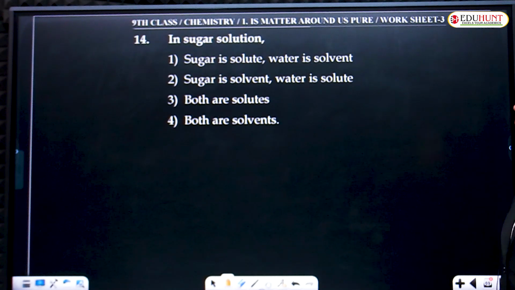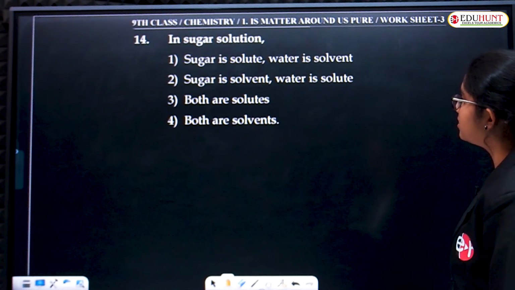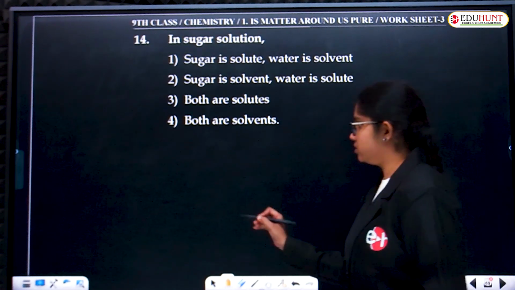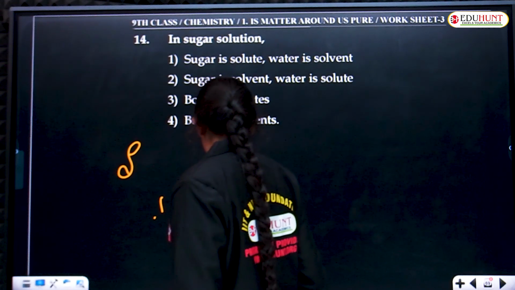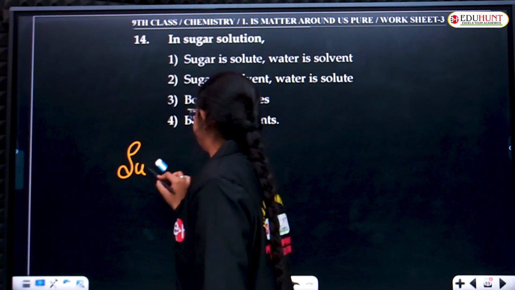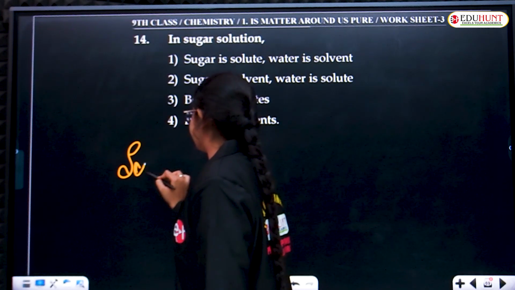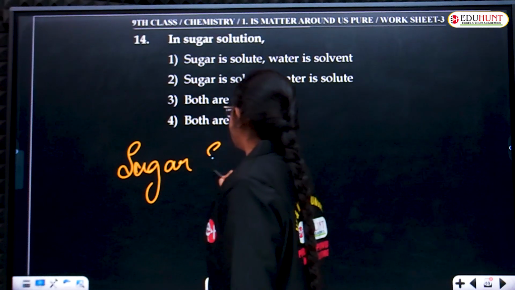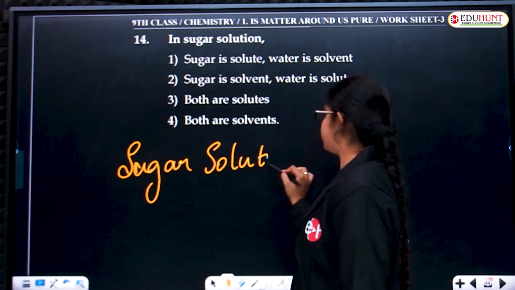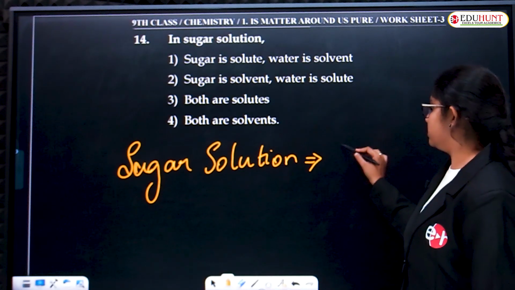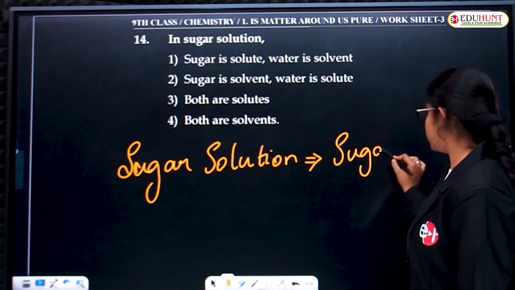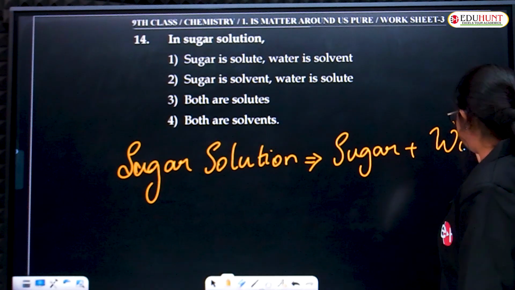Next, 14th question. In sugar solution, okay, we know in sugar solution, what is solute and what is solvent? Come on, tell me. It's a mixture of sugar plus water.